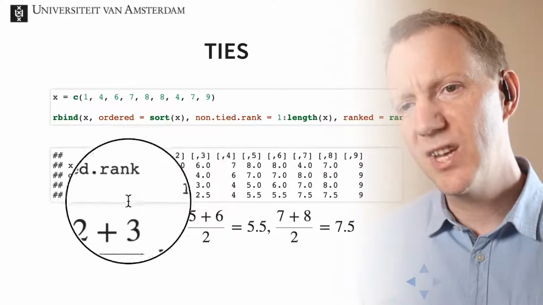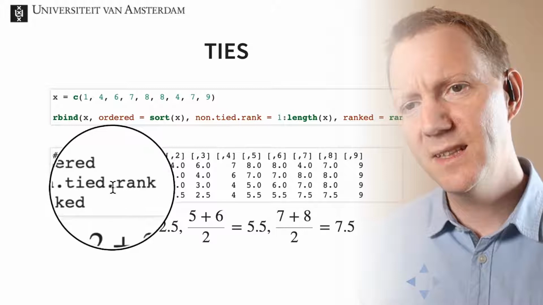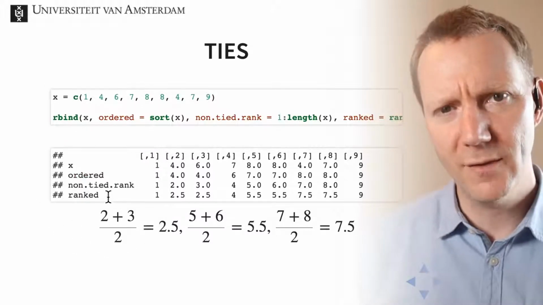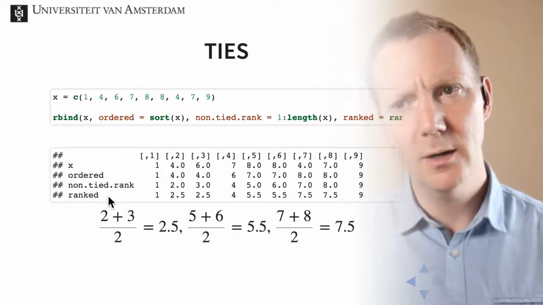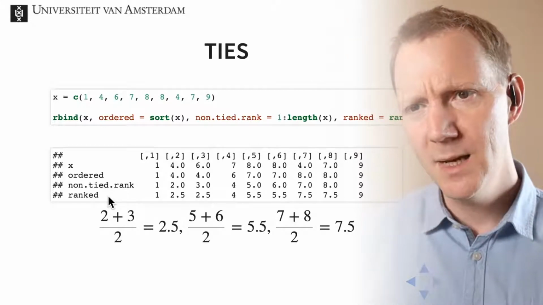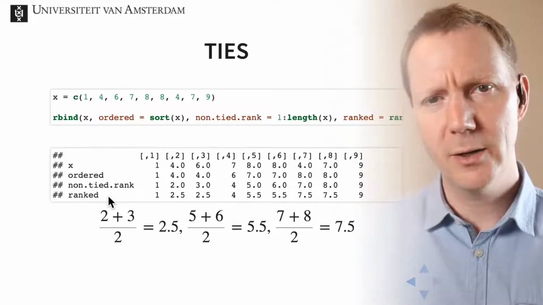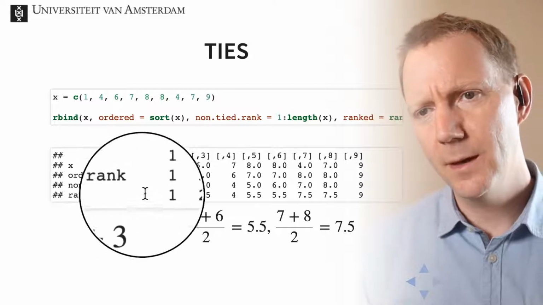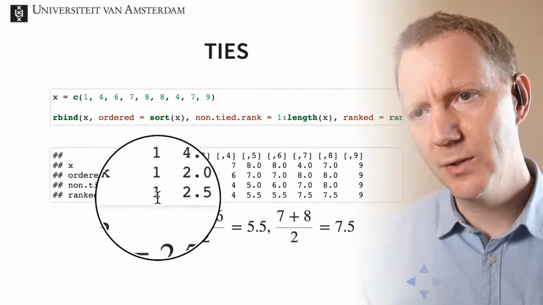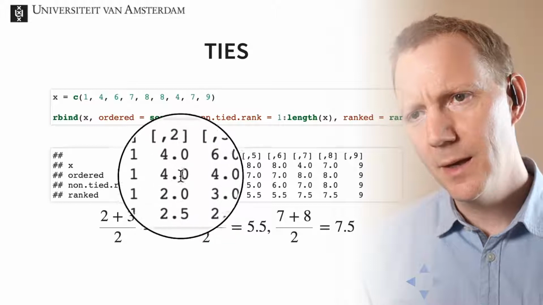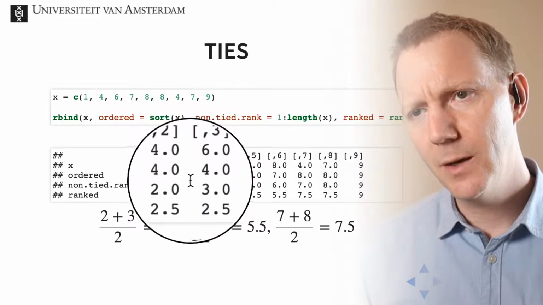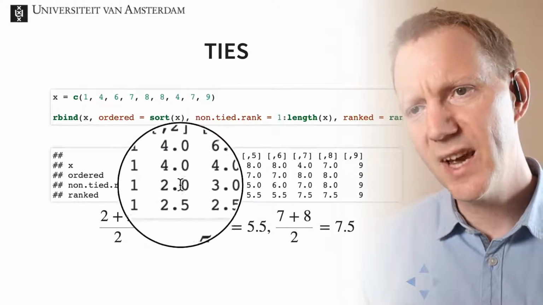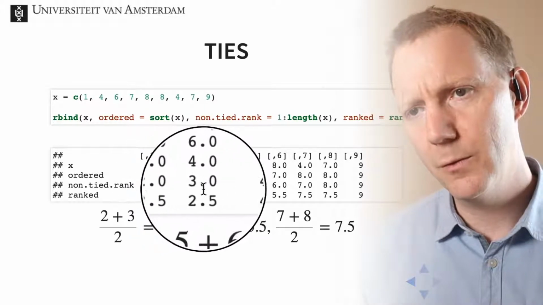So we've now essentially ranked these numbers, but we've not corrected for those ties. We've not corrected for the fact that some of these values are essentially the same. So the final step, and this is where you actually correct for ties, is the ranked orders. What we actually do is we look at, for example, these two. These are both 4s. We've assigned a non-tied order of 2 and 3.